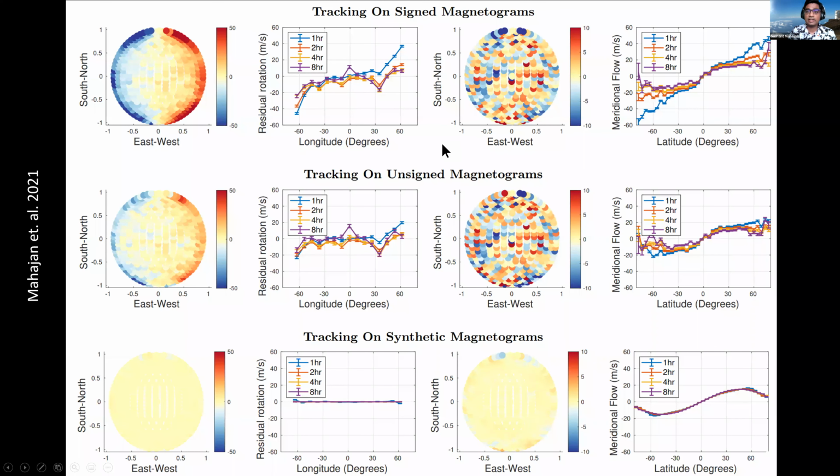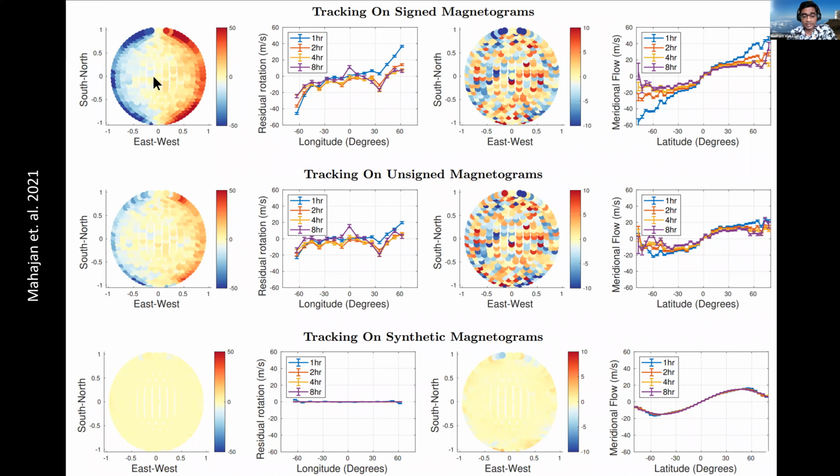All right, so finally, after making these improvements, when we ran the code on solar magnetograms, what we found was another kind of bias. On the top left here is when we were tracking magnetograms. If you subtract the average rotation rate at each latitude, you get this kind of a residual, which suggests that the east limb of the sun is rotating slower than the west limb of the sun.